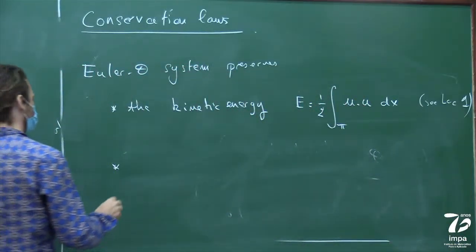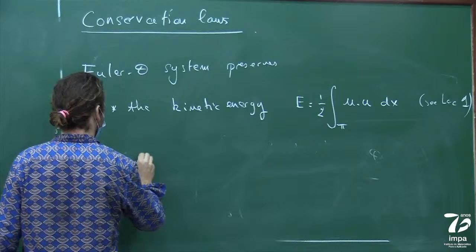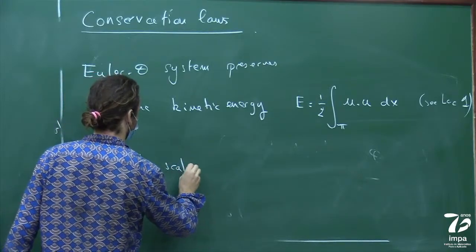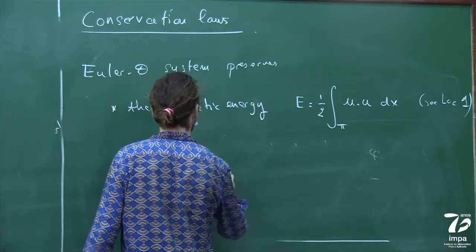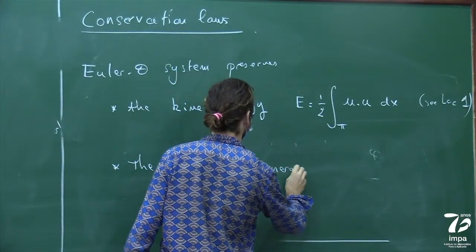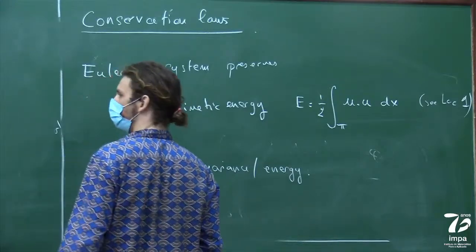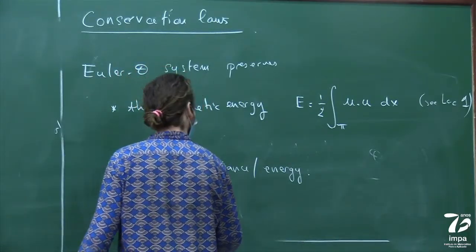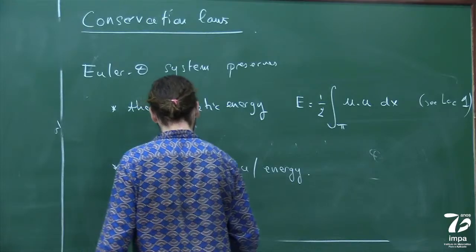It also preserves what we refer to as the scalar variance or the scalar energy, which we will write, say, G here.